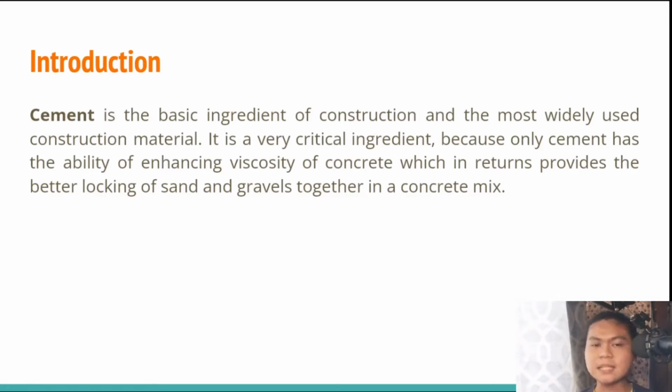Cement is a basic ingredient of construction and the most widely used construction material. It is a very critical ingredient because only cement has the ability of enhancing the viscosity of concrete, which in turn provides better locking of sand and gravel together in a concrete mix.